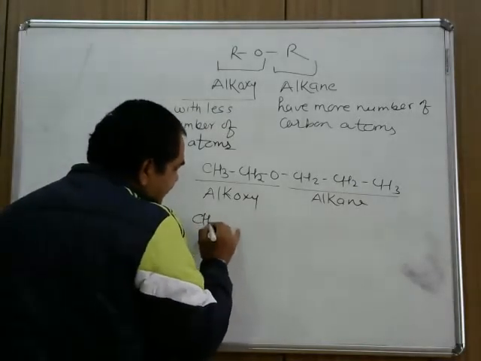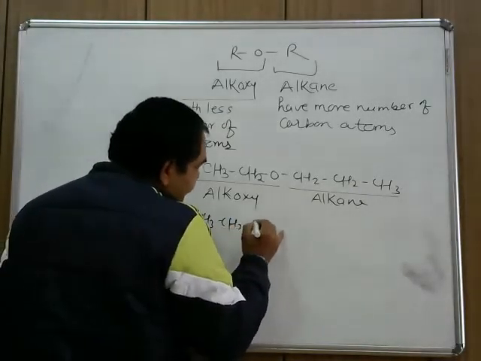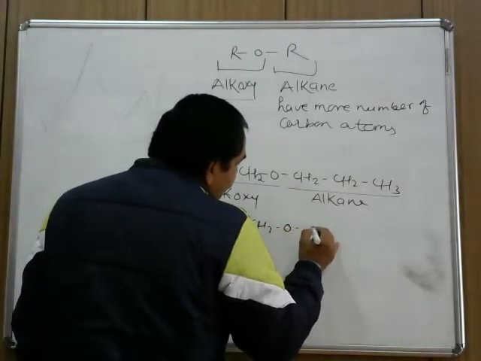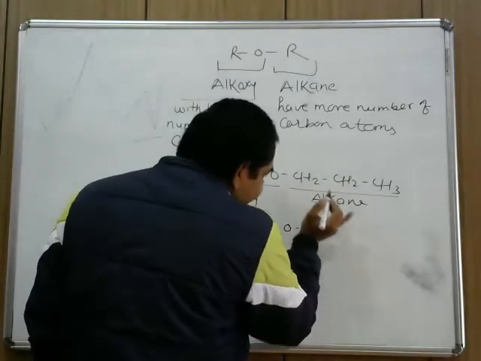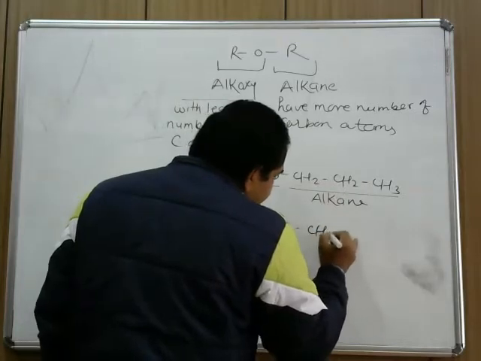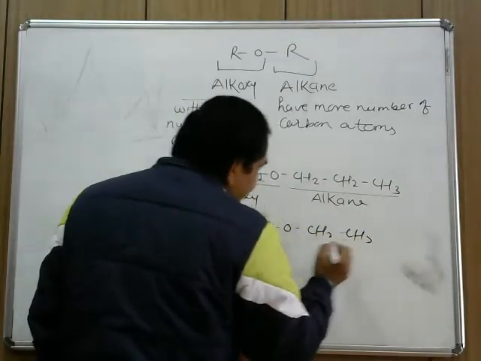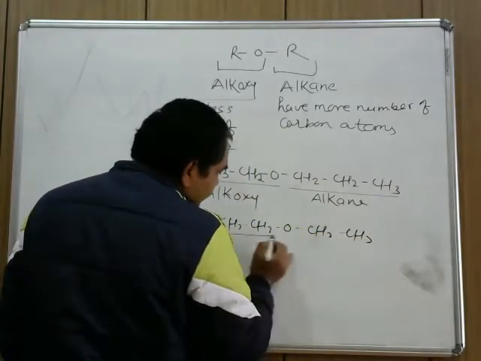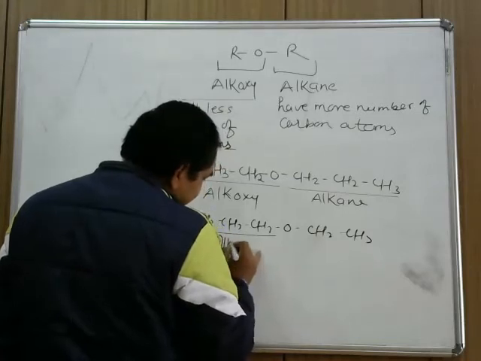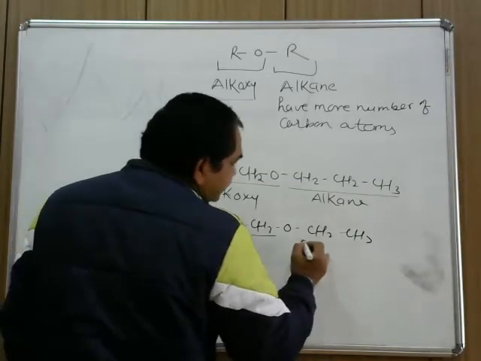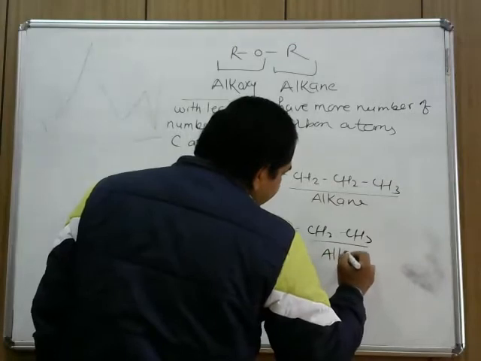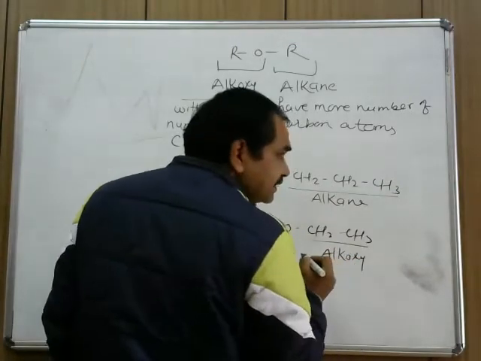If it is written like this, CH3CH2CH2O CH2CH3, again this is the alkane part and this is the alkoxy part.